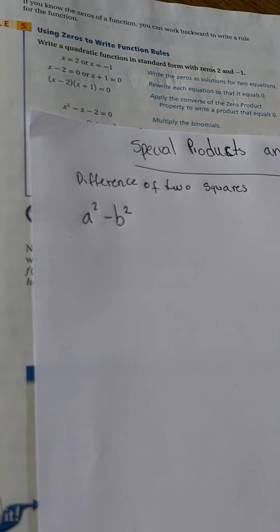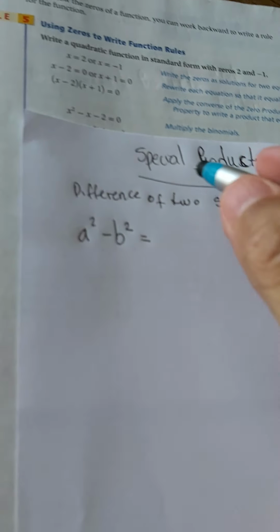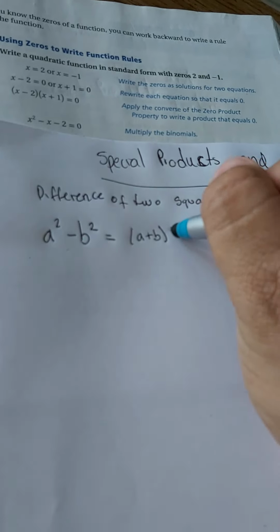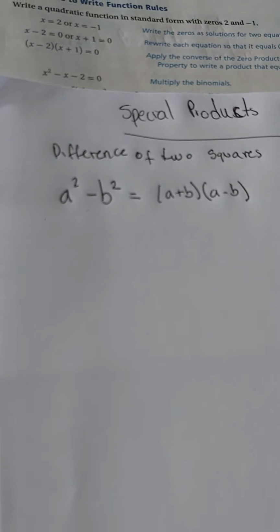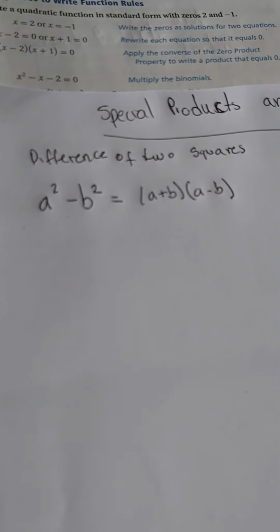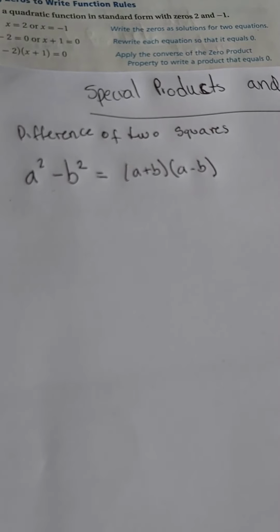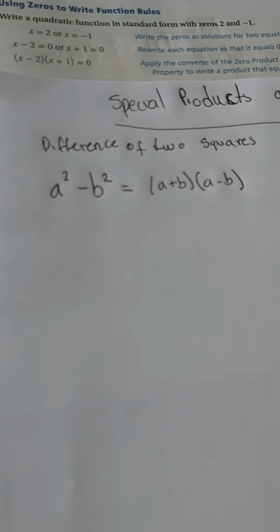So when we have the difference of two squares, this is equal to a plus b times a minus b. Okay, so whenever you have the difference of two squares, that is equal to a plus b times a minus b.